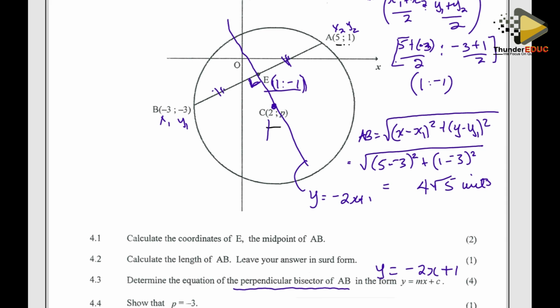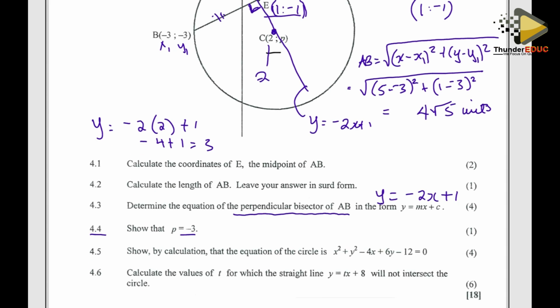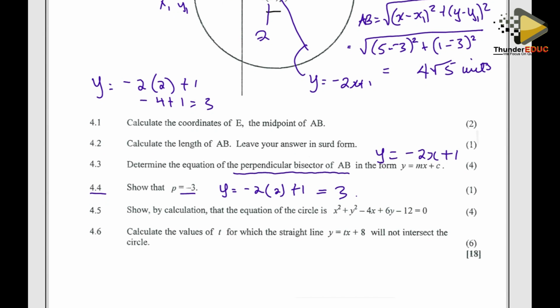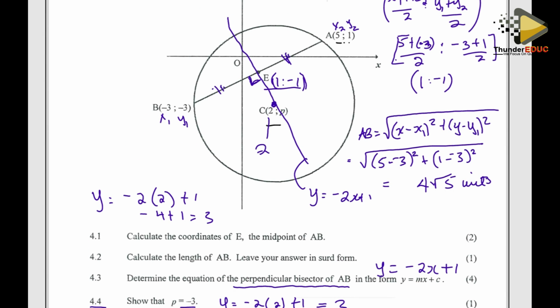Where there is x, I'll replace it with 2, which has been given already. So my y is going to be -2 times 2 plus 1, so -4 plus 1, which gives me 3.